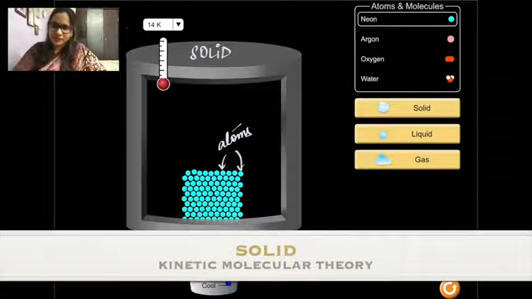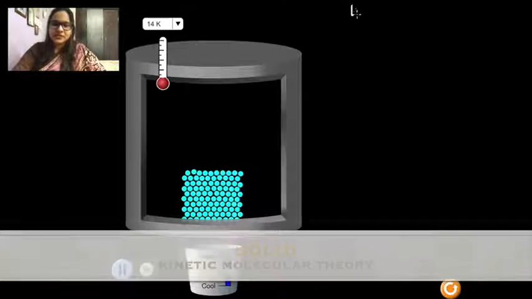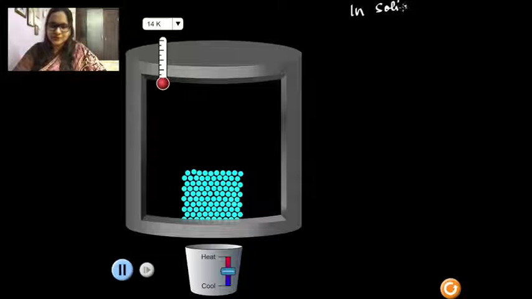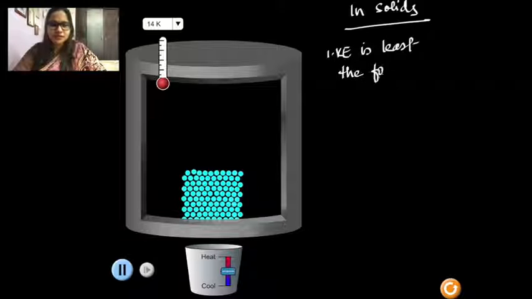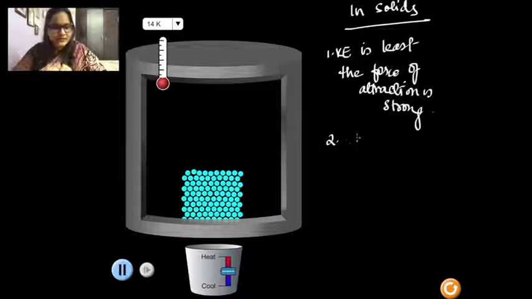Explanation of a solid on the basis of a kinetic model. The definite shape and volume of solids can be explained on the basis of the kinetic theory of matter. In case of solids, the kinetic energy of the molecules is the least and the force of attraction between the molecules is maximum.